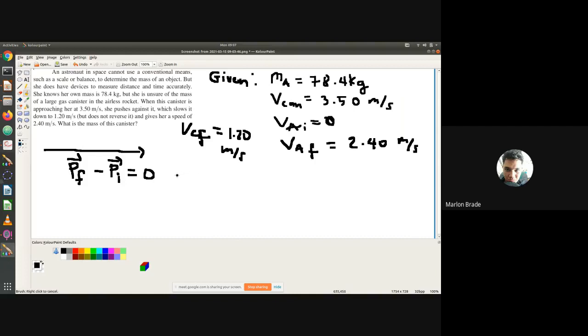So which means that we can write this as the P final sa atong canister, the final momentum of the canister plus sa final momentum sa astronaut, minus sa P initial sa canister minus sa P initial sa astronaut, this is equal to 0 vector.